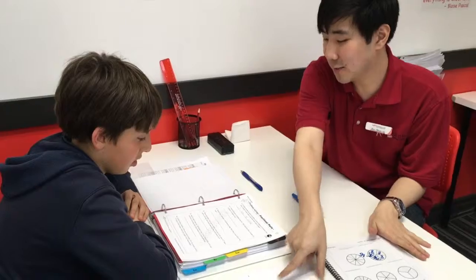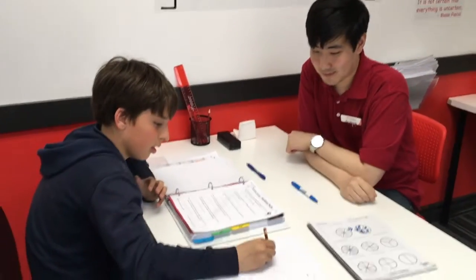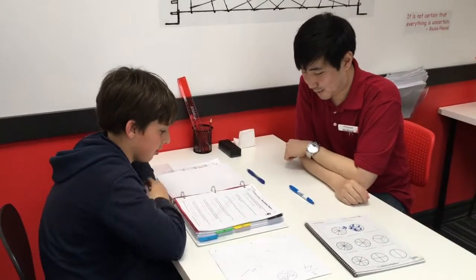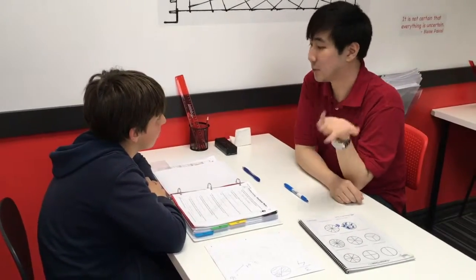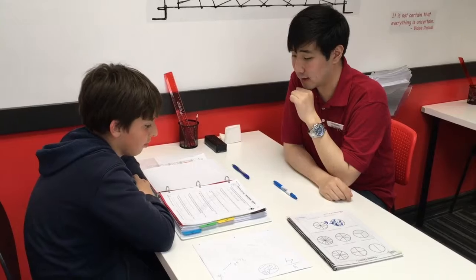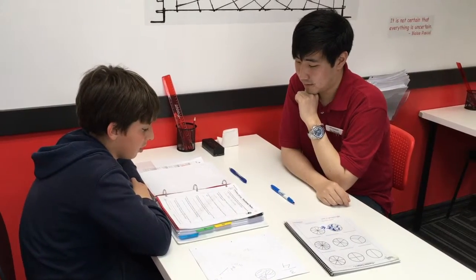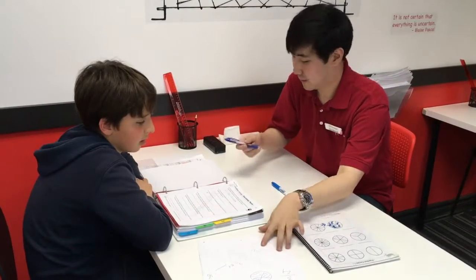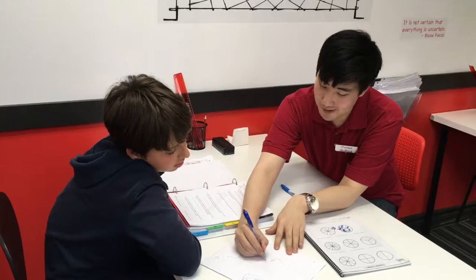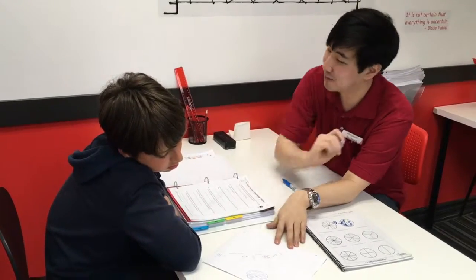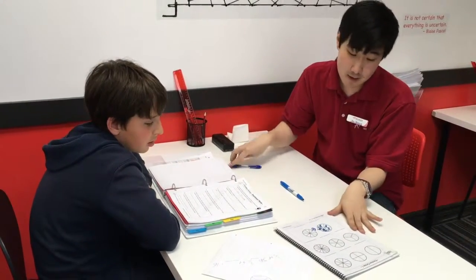What's the fraction for this question? 1/6. Perfect. And what do we know? If we know the whole, that's what we use to get the part, right? So what's the whole in this question? It says 54 decimeters. So 1/6 of 54 is the part that we don't know, right?